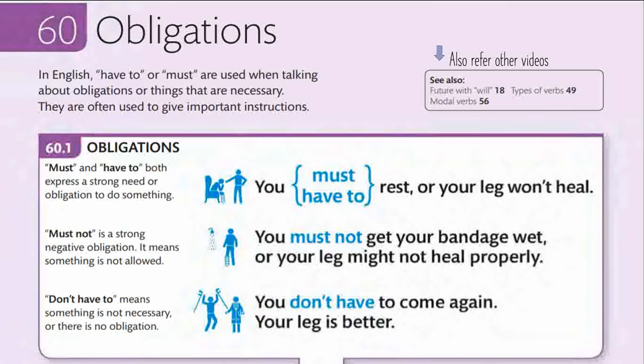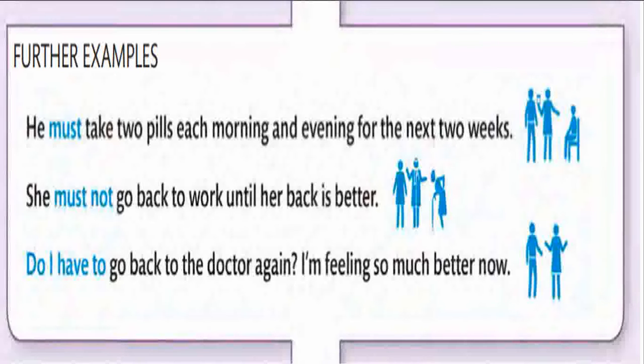Now let us see certain examples constructed using these pointers. He must take 2 pills each morning and evening for the next 2 weeks. Now, must take is the necessity to do something.